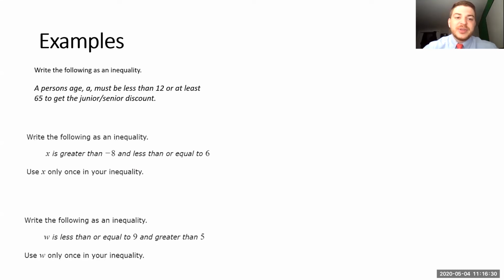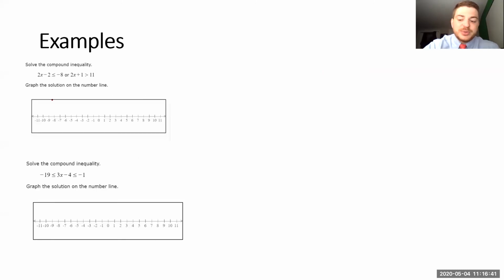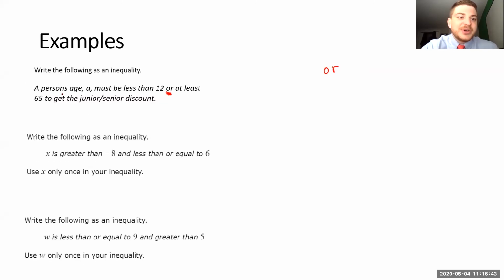Okay, so if we're thinking about what type of inequality this is, well, it already says right here, or, so I know that I'm going to have the word or, and then I have two inequalities. Let's start with the first one. I think the first one is probably the easier one. A person's age must be less than 12. So that would just be A is less than 12. No problem. And then it says or at least 65.